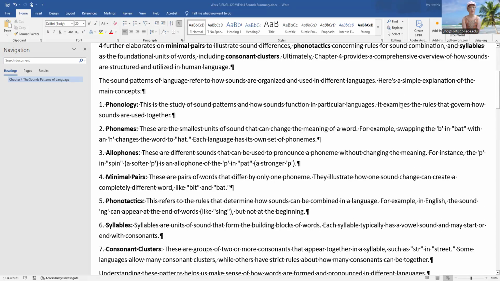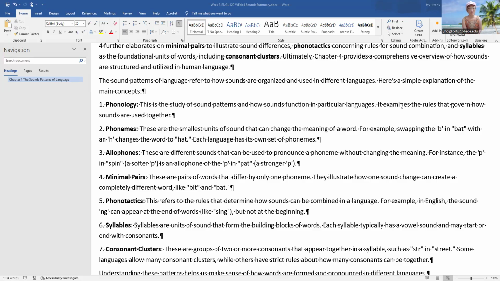The sound patterns of language refers to how sounds are organized and used in different languages. Here's a simple explanation of the main concepts. Phonology. This is the study of sound patterns and how sound functions in particular languages. It examines the rules that govern how sounds are used together.